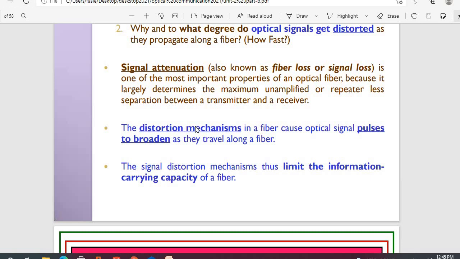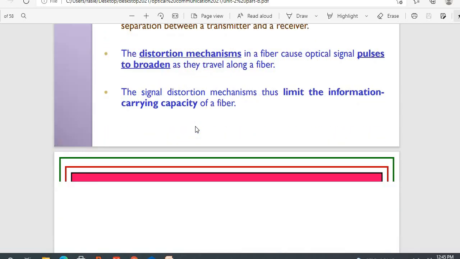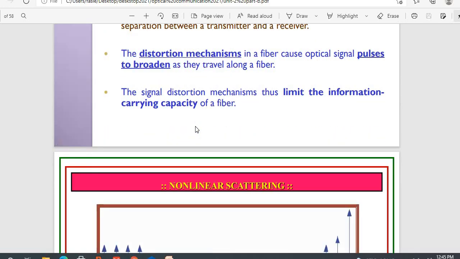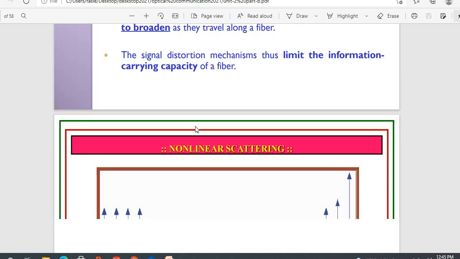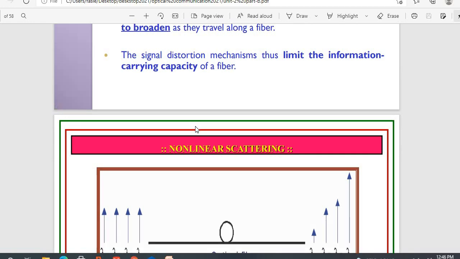The distortion mechanism in a fiber causes optical signal pulses to be broadened, in the sense of enlarged, as they travel along the fiber. This signal distortion mechanism thus limits the information carrying capacity. Because of distortion, whatever signal we pass from transmitter to receiver is not received completely. It may get distorted or broadened as it travels through the fiber, because we get the information from the fiber only.